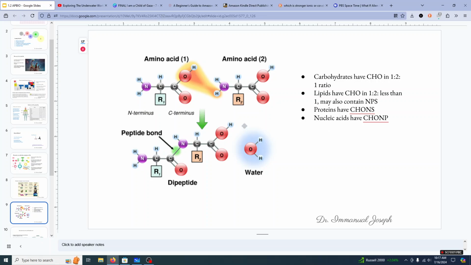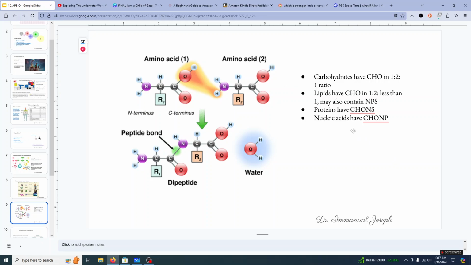Okay. So I just wanted to point out, for example, an amino acid here. An amino acid has carbons forming interactions with itself, and carbon forming interactions with oxygen, oxygen forming interactions with hydrogen, carbon forming interactions with hydrogen, carbon forming interactions with nitrogen, nitrogen forming interactions with hydrogen, and so on.